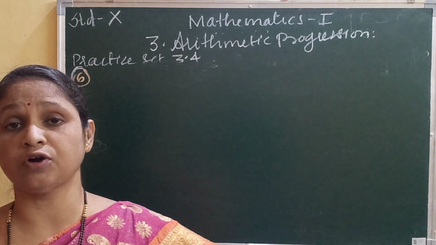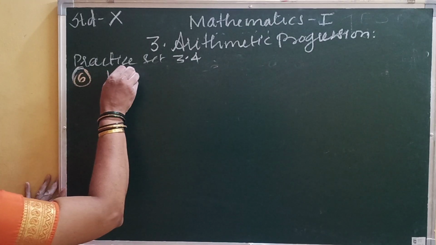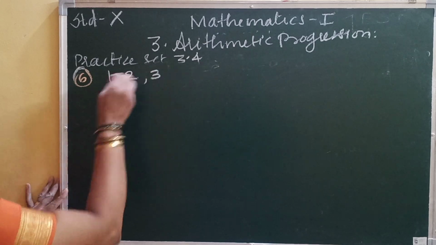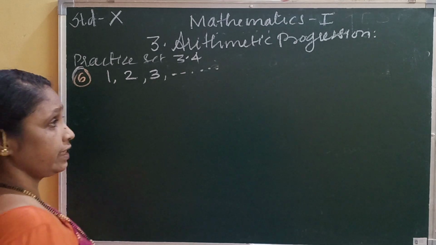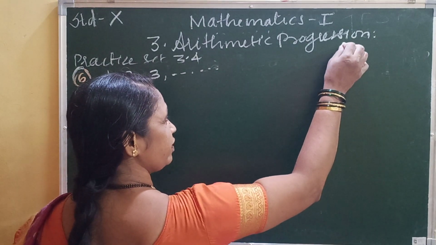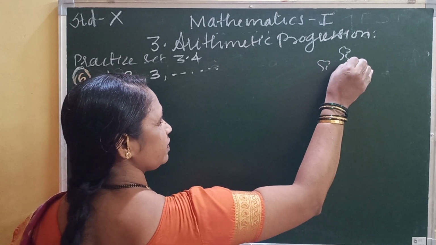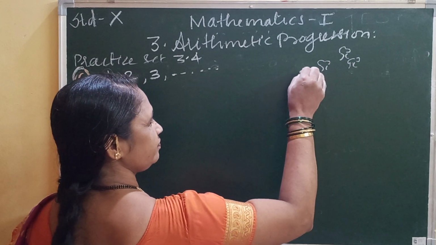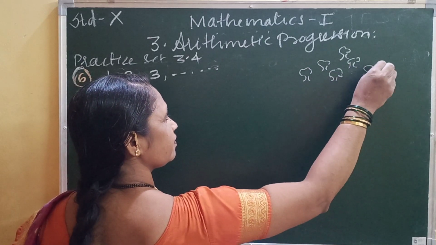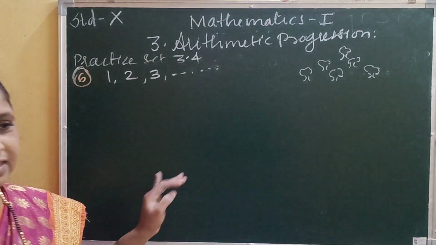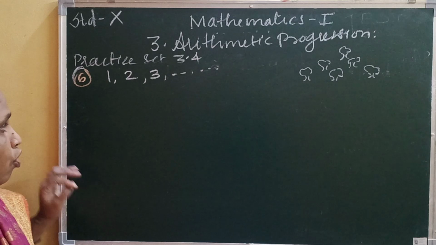Means number of rows is 25. First row 1 tree, second 2, third 3, and so on. They planted in a triangular manner, first, second, third, and so on.